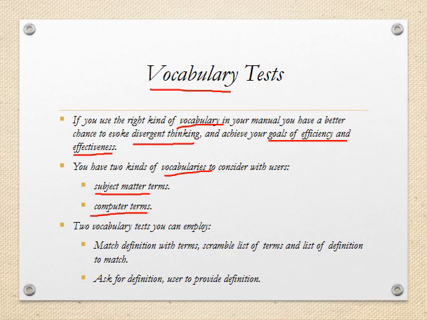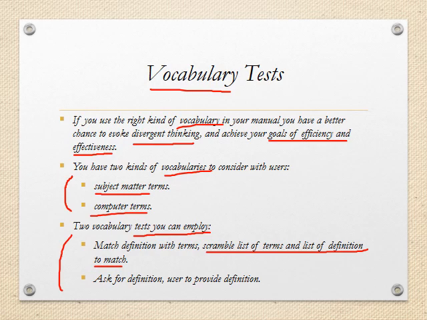Two vocabulary tests you can employ. Now, we talked about what kind of vocabulary we can focus on. What are the tests that we can perform? First, match definition with terms, scramble list of terms and list of definitions to match.